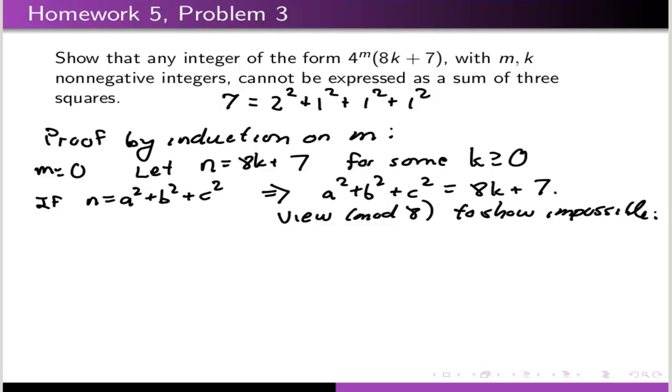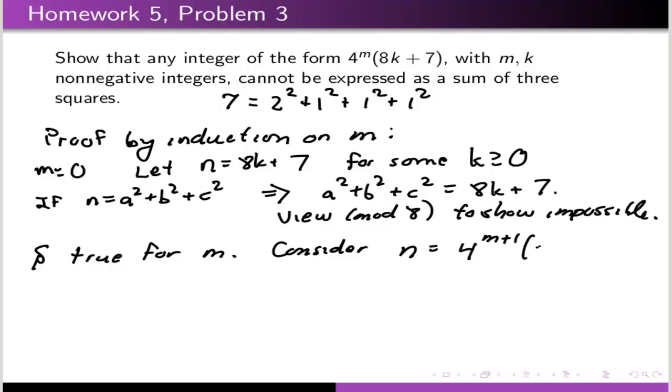Okay, now we are in the inductive step. Suppose true for m, and consider n to be of this form, 4 to the m plus 1 times (8k plus 7), and suppose that this is a sum of 3 squares.